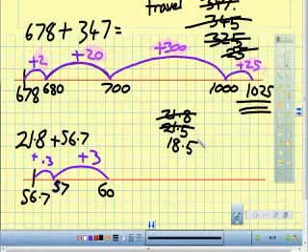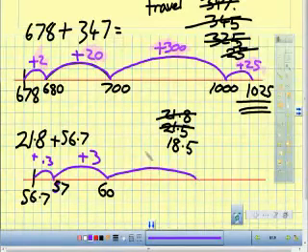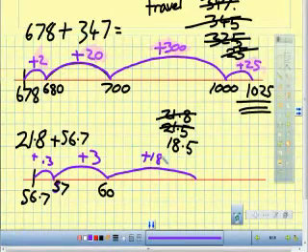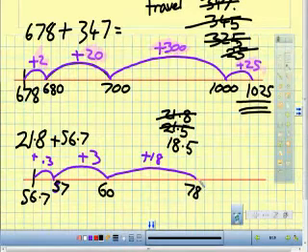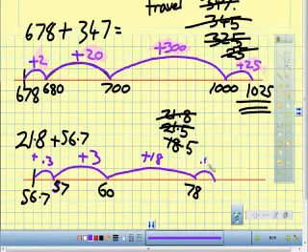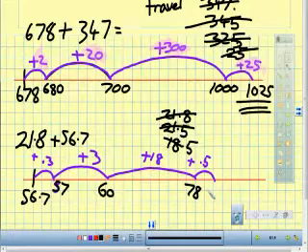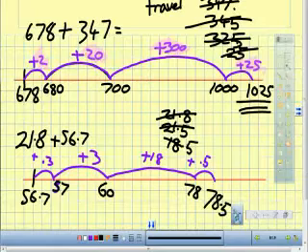Well, I've got 18 and a half, and I'm pretty sure that I can add most of that. So I'm just going to add 18. Okay, and that's going to take me to 78. And what am I left with? I've got 0.5. So add that, and so my final answer is 78.5.